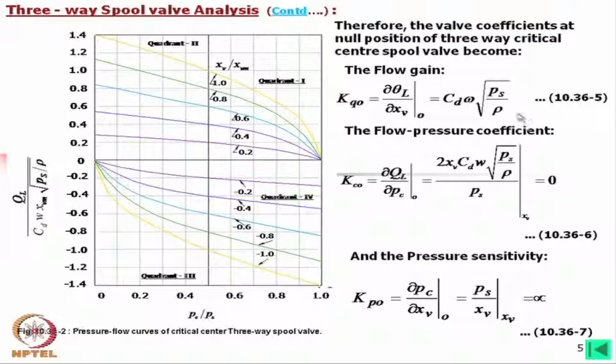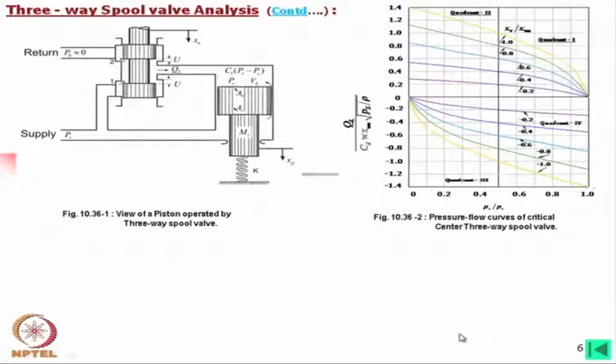Now, what we find is that at null positions, looking into this curve, this will be 0, whereas the pressure sensitivity, which is actually this divided by this, will become infinity, because this will have some value, whereas this will become infinity, which means pressure sensitivity at the null position is infinity, meaning highly sensitive at the null position.